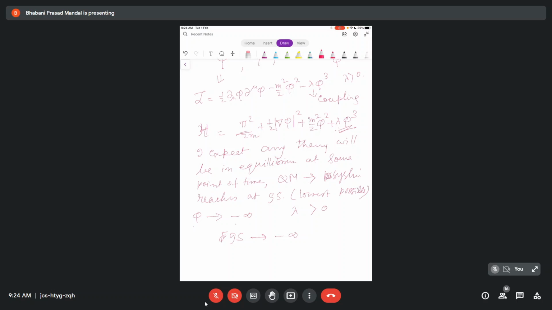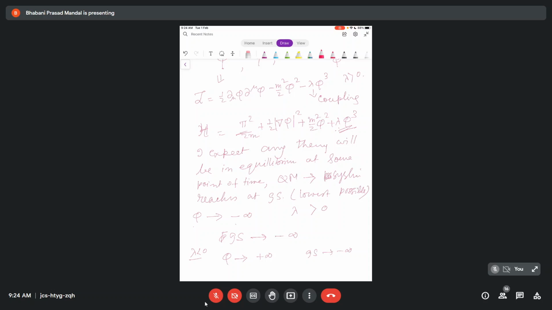The other terms are phi squared, while this is phi cubed. So this term will dominate, and with phi going to minus infinity, your ground state energy will go to minus infinity. If lambda is less than 0 and phi goes to plus infinity, again your ground state energy will go to minus infinity.